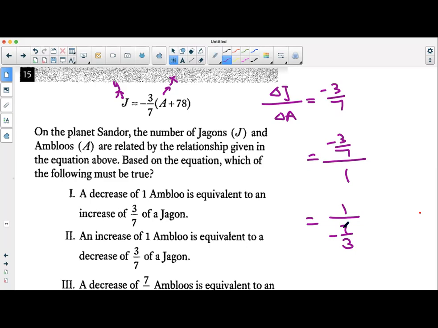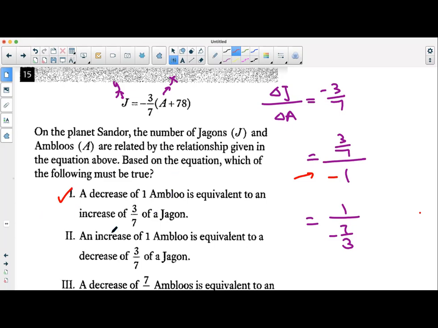Let's look at this one. As the decrease of A is 1. Okay, this first one talks about decreases, so I'm going to bring down the negative sign right over here. A decrease of A of 1 is equivalent to an increase, because positive, of 7 over 3. That's perfectly making sense based upon the slope.